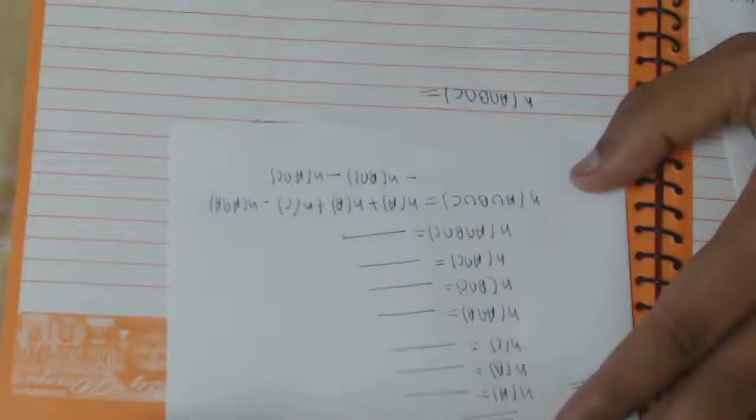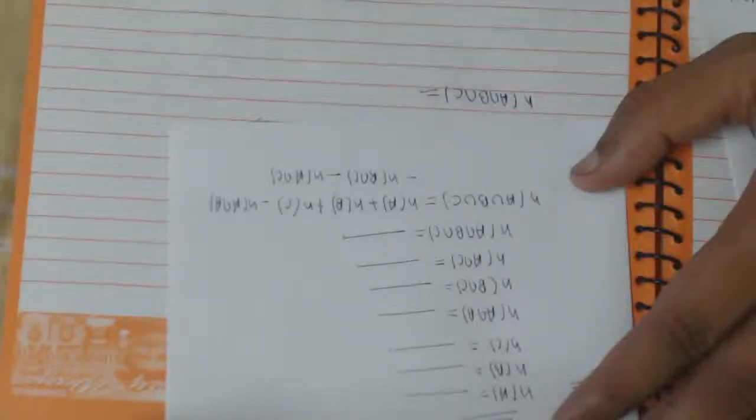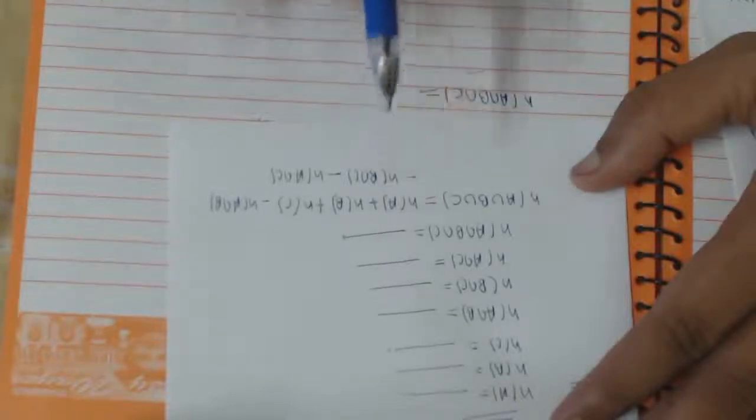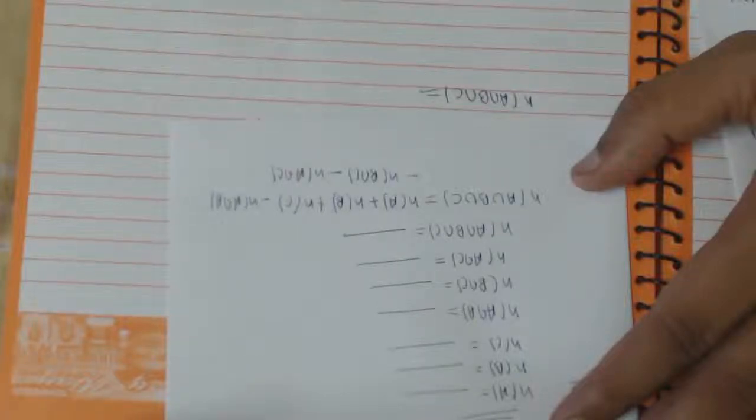But here you can see that there are few terms which belong to A and B and C. So when I am counting A, I had calculated them. When I am counting B, I had already calculated them. When I had counted C, I had already counted them. So there are few items which belong to both A, B, also B, C, and similarly A, C, and there are few items which belong to all the three.